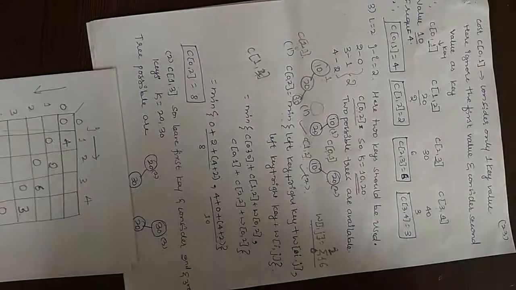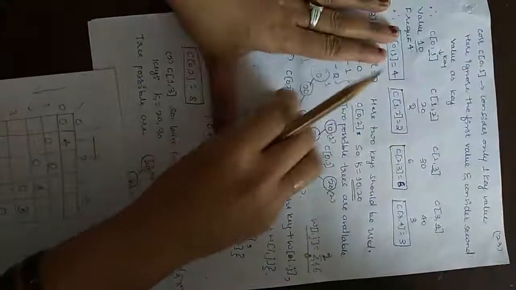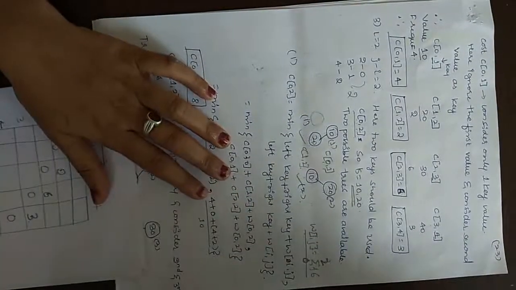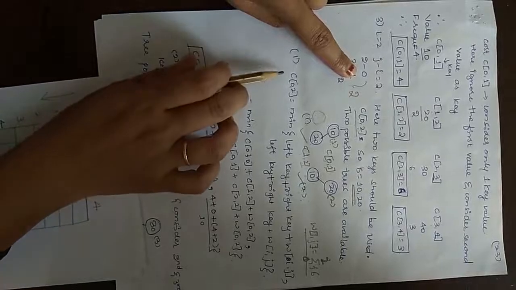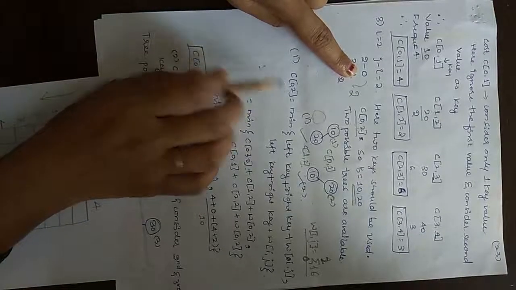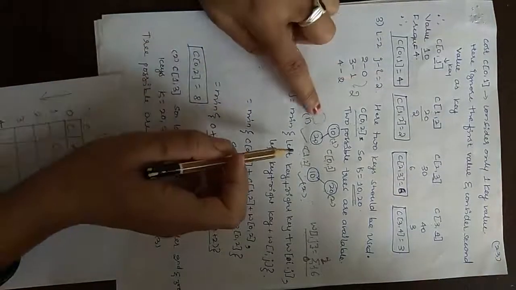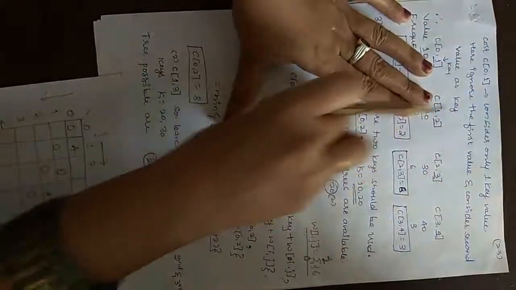So for this formula, what you are going to get is the left side plus the right side, and the sum of its frequencies that you have to write. So let us find this one now. Having understood this, C of 0, 2, how can I find it out? For 0, 2, we have to find the minimum of these two trees.